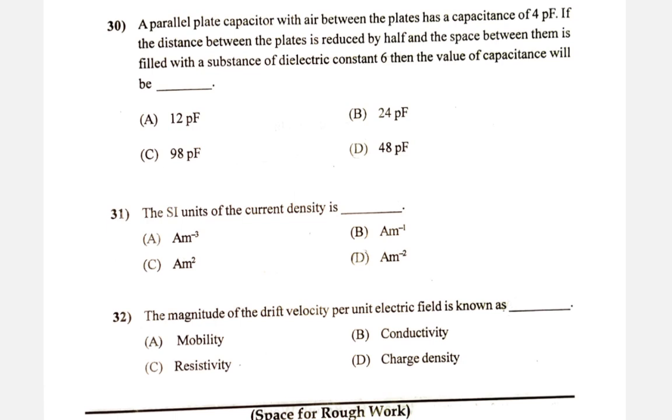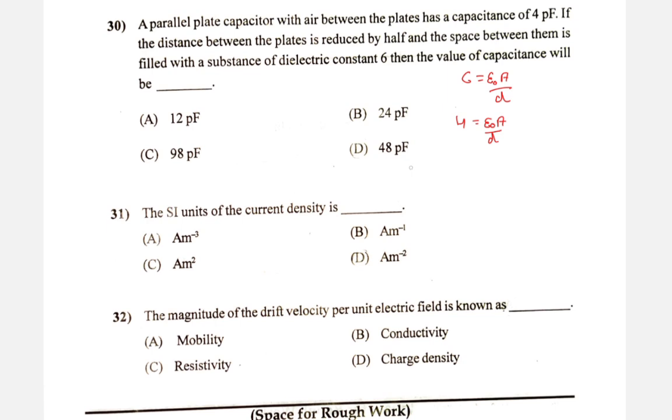So here we know that capacitance C is equal to epsilon 0 A by d, and for the initial state only air is inside, so 4 is equal to epsilon 0 A by d.